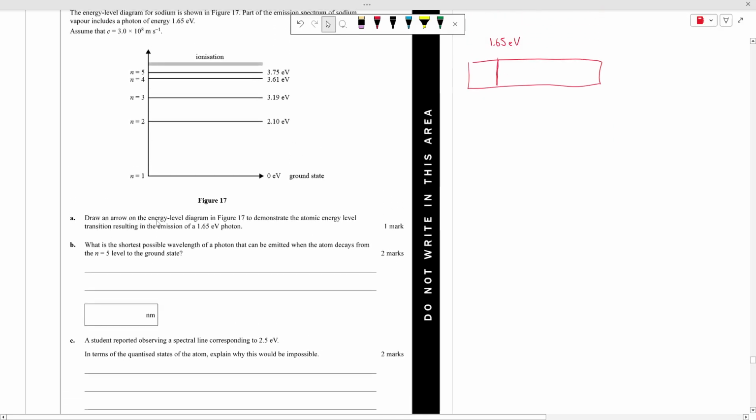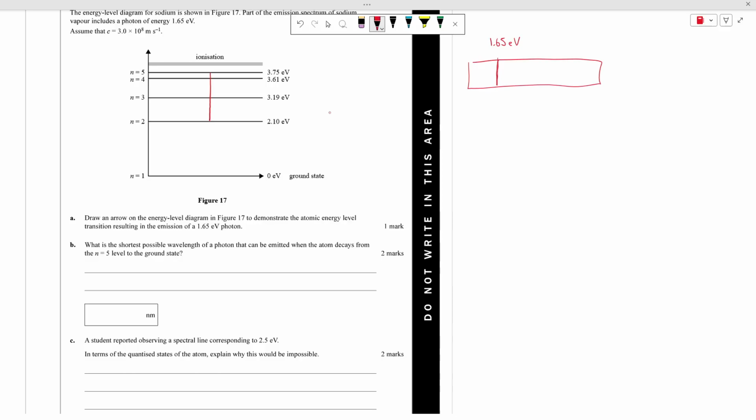Part A, draw an arrow on the energy level diagram to demonstrate the atomic energy level transition resulting in the emission of a 1.65 electron volt photon. So all we've got to do is draw an arrow between any two lines where the difference between those lines is 1.65 electron volts. Okay, and I can only see one pair of lines which has a difference of 1.65, which is the n equals 5 state and the n equals 2 state.